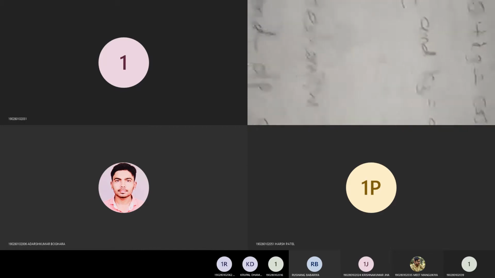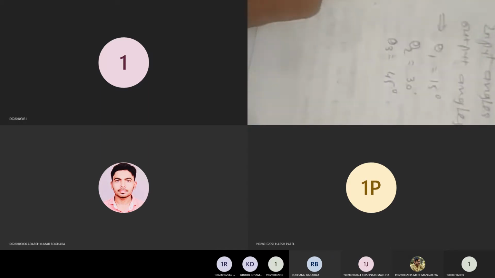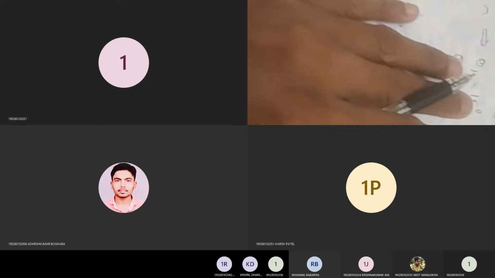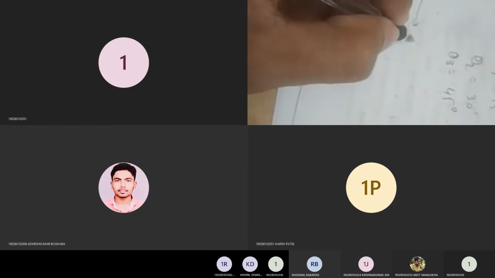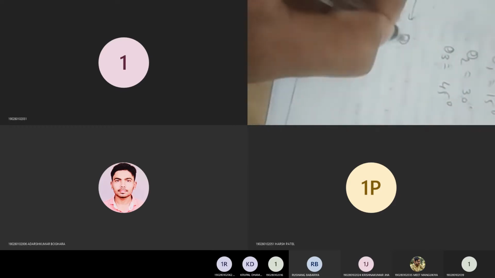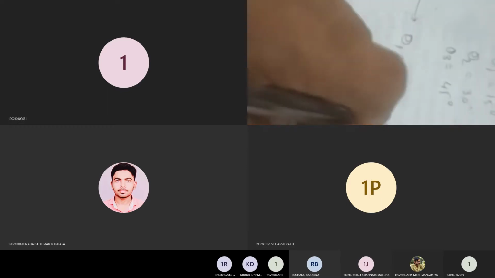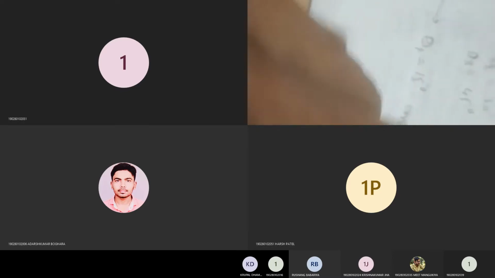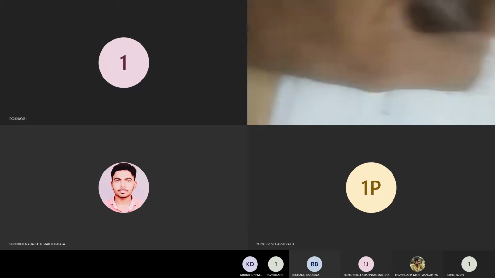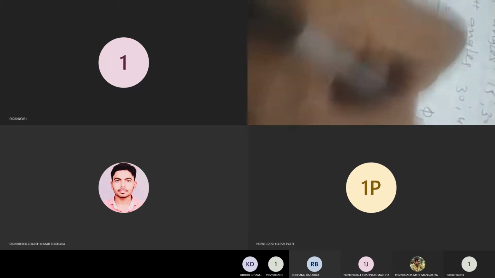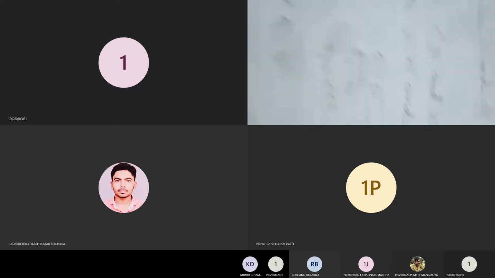Okay, so we use this equation, and we have the first value where theta 1 is equal to 15 degree and phi 1 is equal to 30 degree. I am just talking about these two values. So theta and phi are given to us, and based on that, we start to find the first equation.